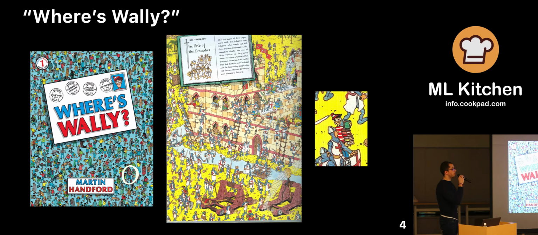It's basically a puzzle book that was created by Martin Handford in 1987. The goal of this book is, on every double page, you have the main character, Wally, and you have to find him hidden in those double pages.